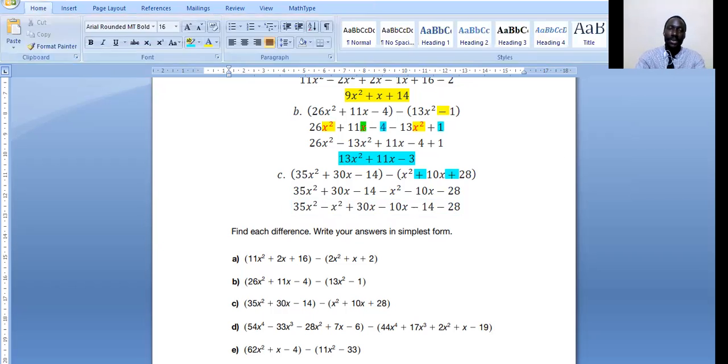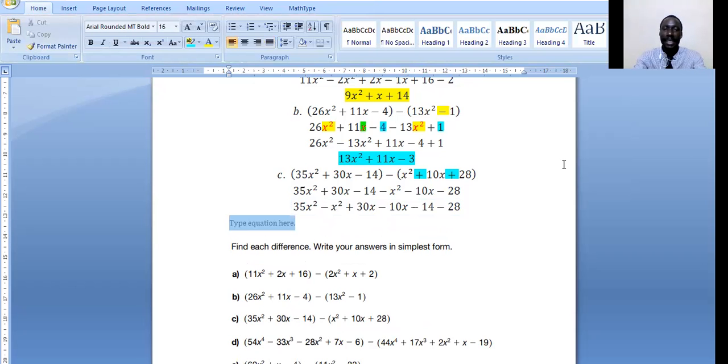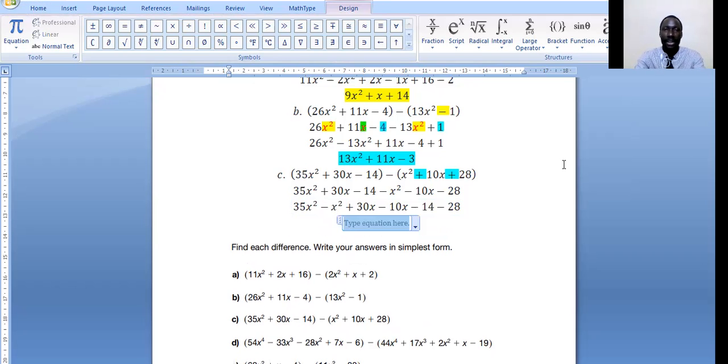Beyond this, we now want to look at subtracting the coefficients. So we will start by subtracting the coefficient of x squared in the first term, then the coefficient of x squared in the second term, which is 35 minus 1.